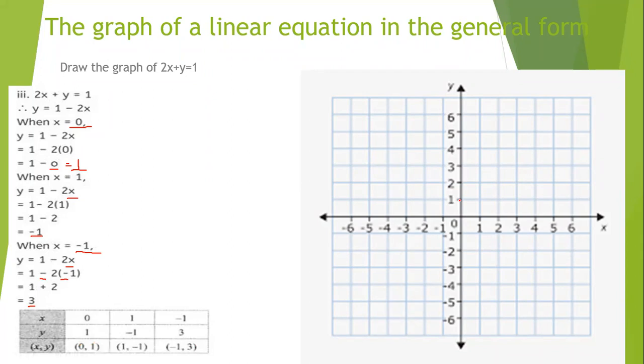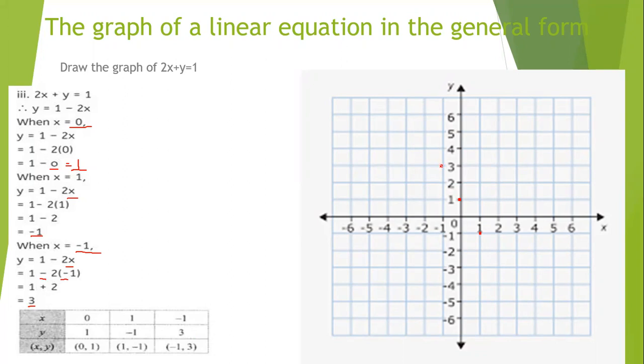So, we will just mark this point over here, right? The next is 1 comma minus 1. So, we have 1 over here and then minus 1 over here. So, this point will come over here. Next, we have minus 1 and 3. Minus 1 and 3. So, the point will be over here.